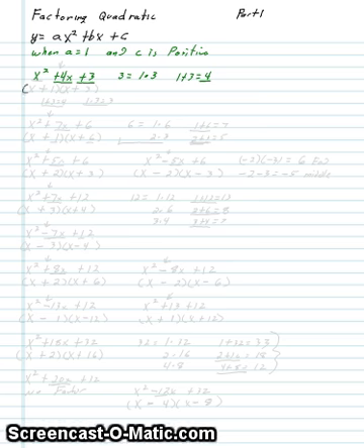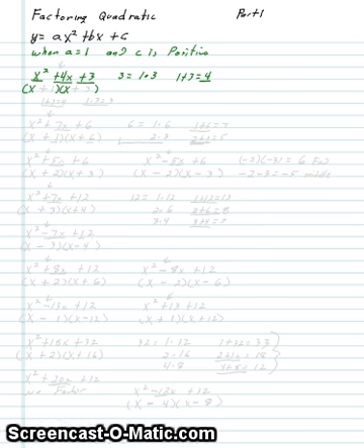Now, for this part, we will always have two parentheses. Because the x squared term is just a positive 1, our first term in the two parentheses will always be x.